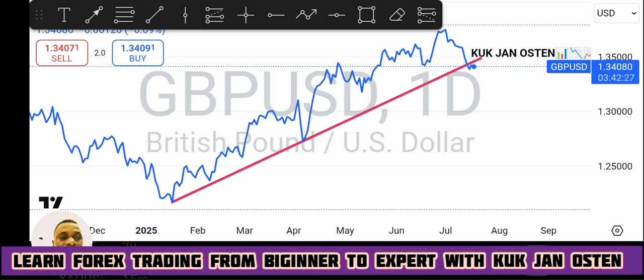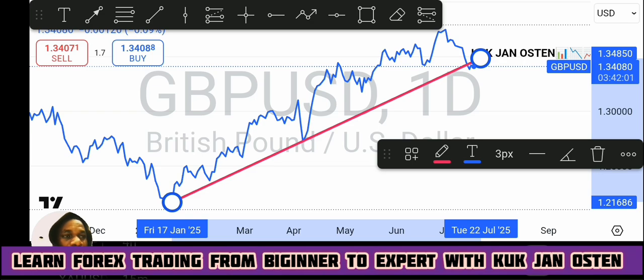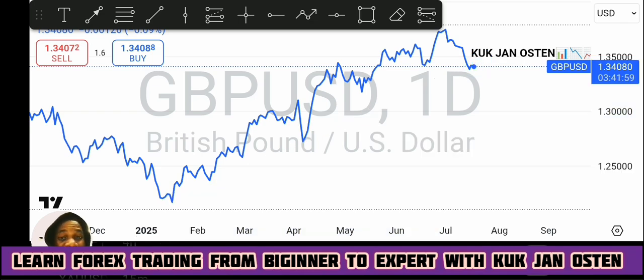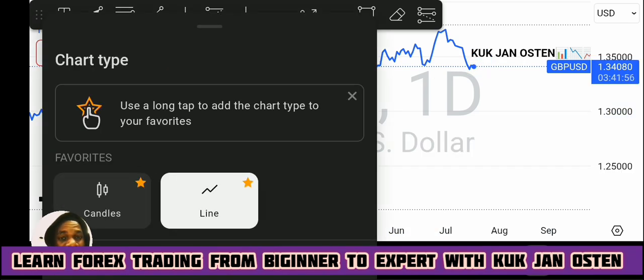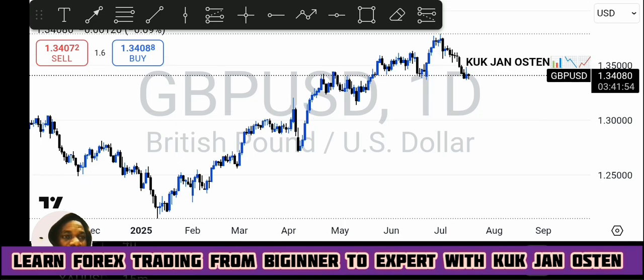So first things first. Since it's an uptrend, after you identify the trend, you have to mark your daily candles. You have to mark the recent candle. What's the recent candle saying?